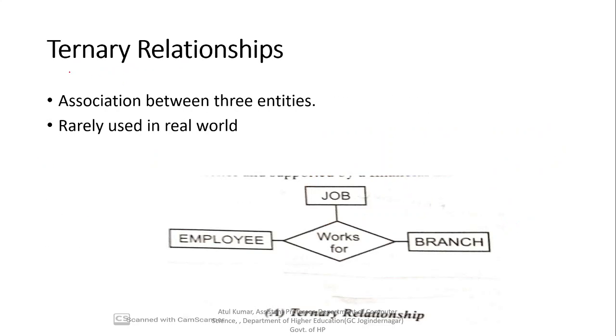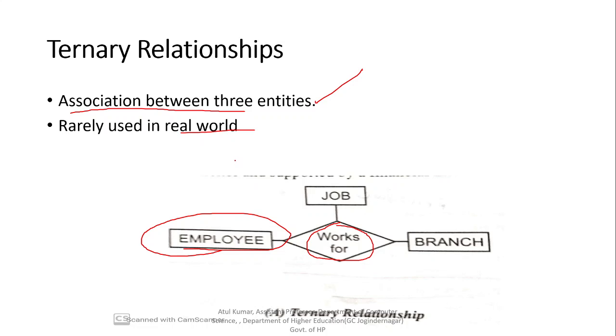Next, ternary relationship. It is the association between three entities, and this kind of relationship is rarely used in the real world. So here the number of entities involved is 3, and in the diagram we can see three entities: employee, branch and job, and the relation between these three entities is works for.